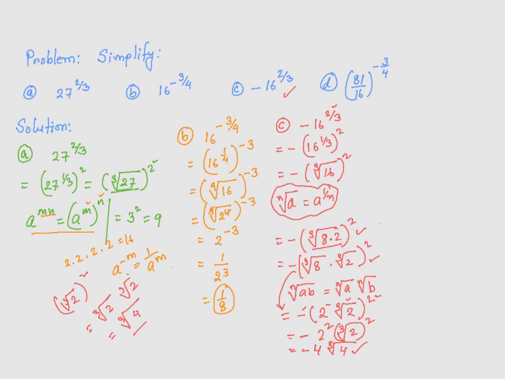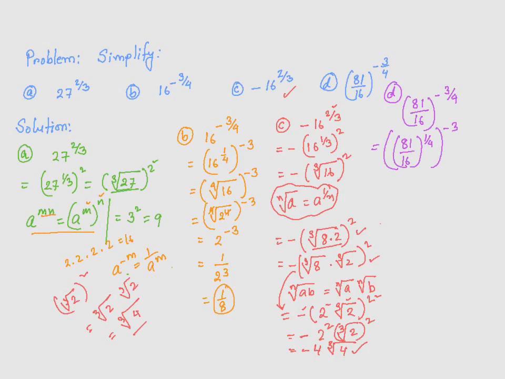Now lastly, let's simplify this d, which is 81 over 16, to the power negative 3 over 4. This I will simplify to the following: 16 to the power 1/4, to the power negative 3.